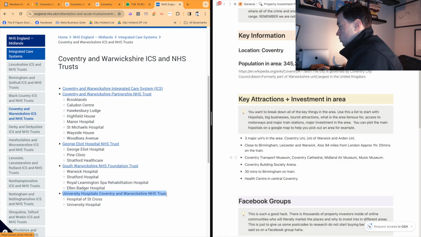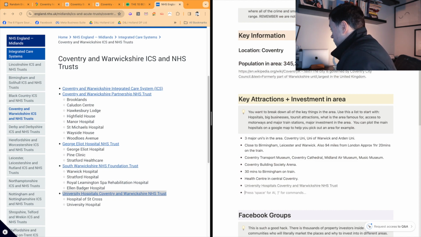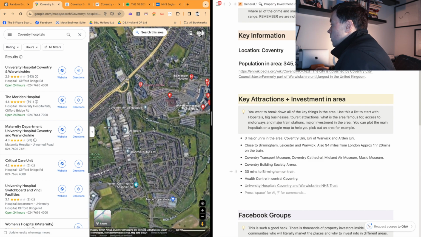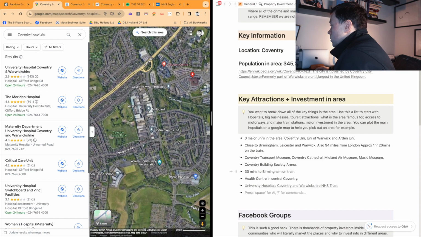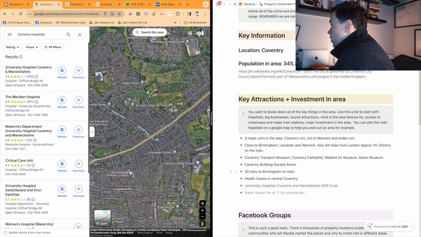That was us, so let's just copy and paste that. So all around that area is going to be really good. So that looks like the main big hitters really. A couple of hospices there.